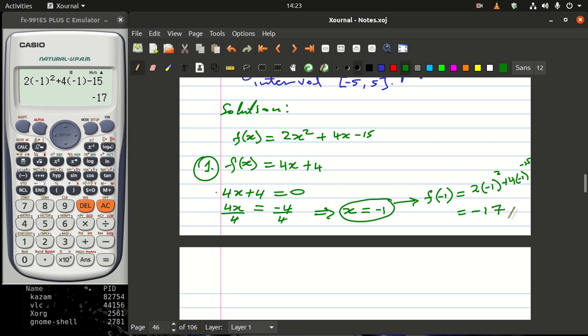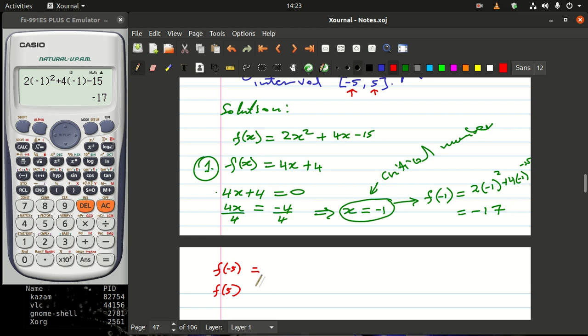So now this is the output at the critical number of f. The next thing I need to do is look at the output of this and the output of that. So I want f of minus 5 and f of 5.